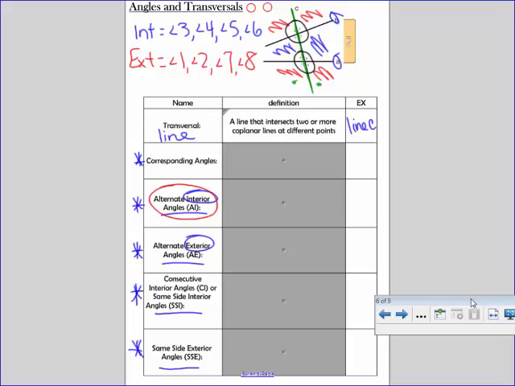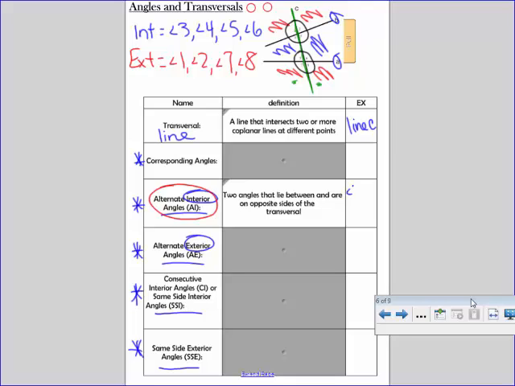So let's take a look at alternate interior angles. Here's the correct definition: two angles that lie between, so that's the interior, and are on opposite sides of the transversal.